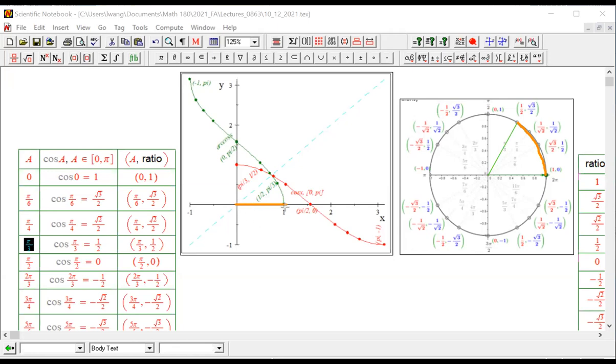So this orange is the angle in radians. The arc length, same value, okay? You get that? And the cosine ratio is half. That's half. This red is half. What is a half? On this picture, that's half.